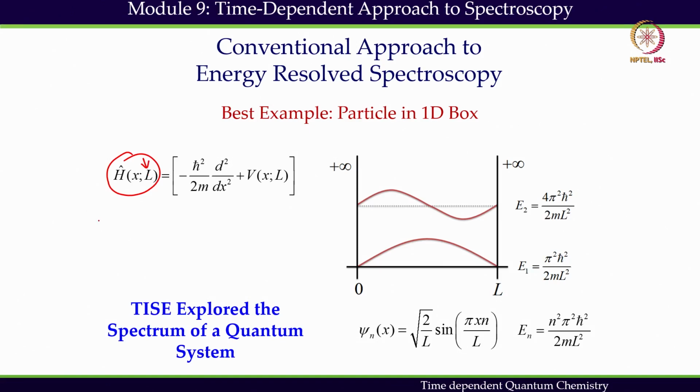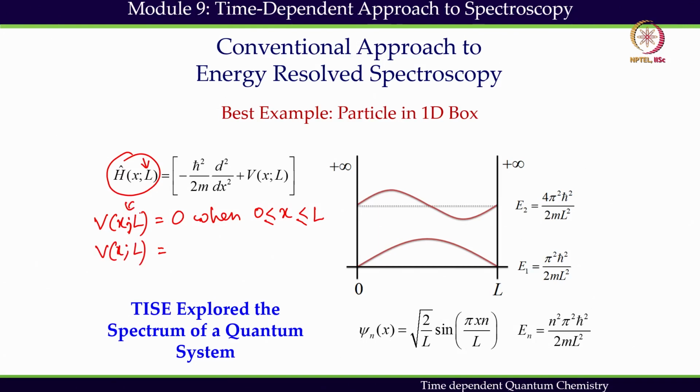The basic idea is that if it is a free particle in a box problem, then V(x; L) equals 0 when x is greater than or equal to 0 and less than or equal to L, and V(x; L), this is a semicolon.